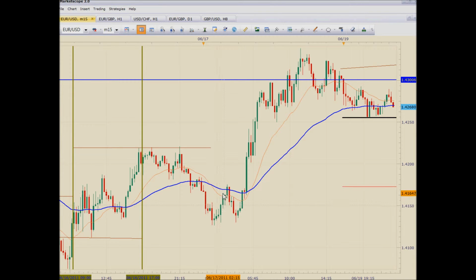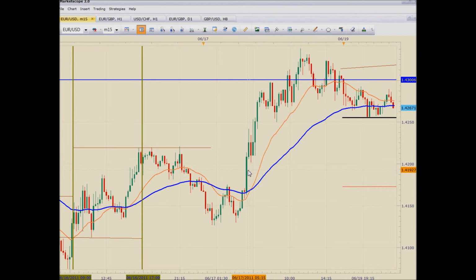But anyway, it formed a small tight pattern right here. So I decided to enter long above the pattern, even though I didn't get my signal again to the upside yet, but I understand how these patterns work. So I entered a long trade above this pattern right here.